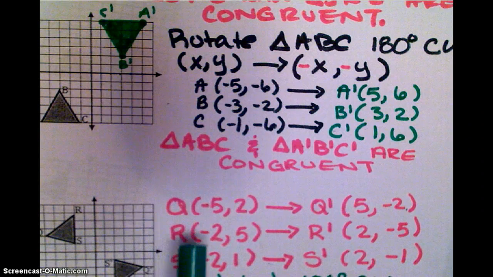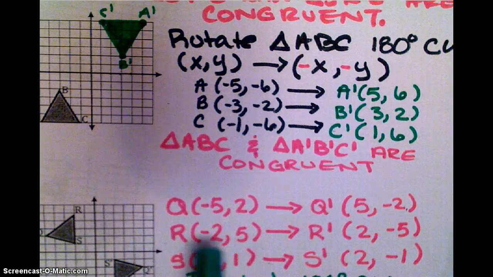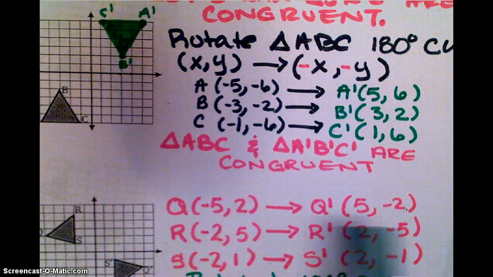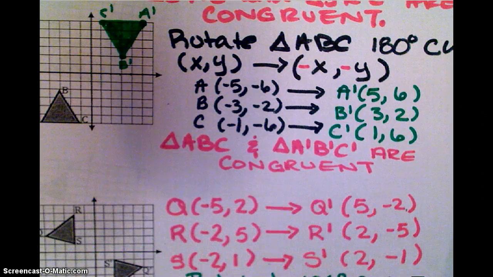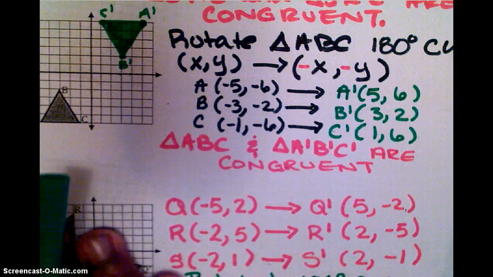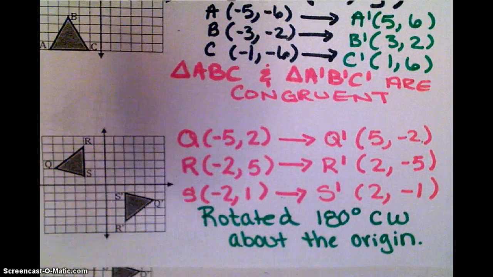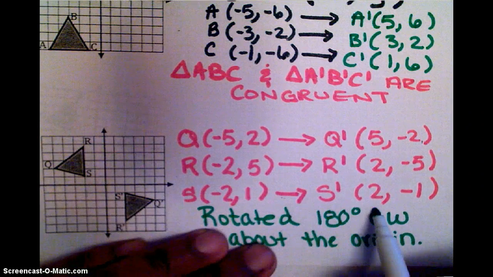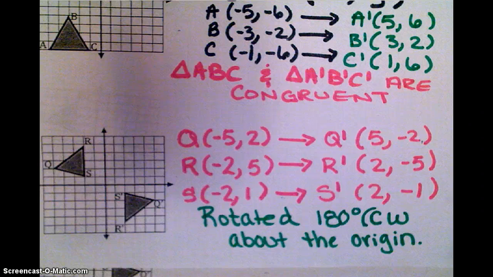So if you compare them, the X and Y are still in the same position, but I go from a negative 5 to a positive 5, a positive 2 to a negative 2. So that means that I've taken the opposite of my X and Y. And so what rule is that? That is rotated 180 degrees clockwise. But you can also put 180 degrees counterclockwise because it's the same thing.